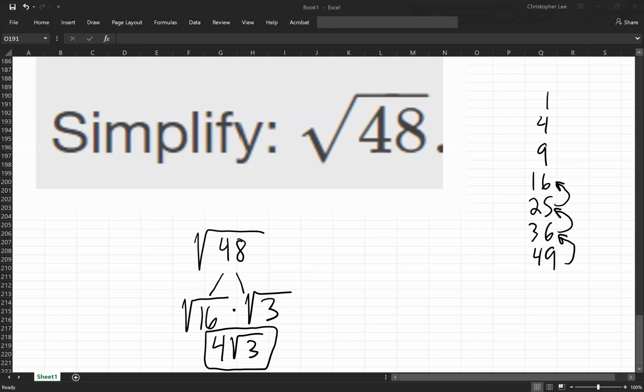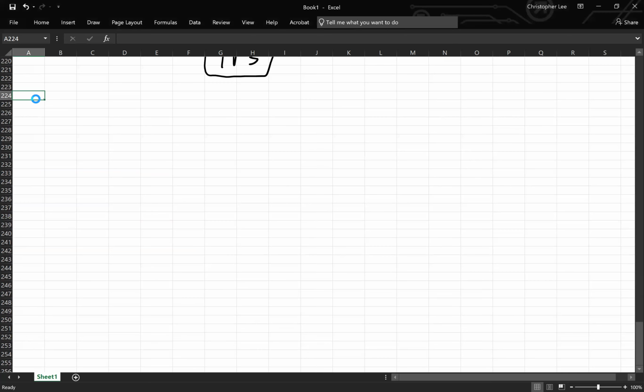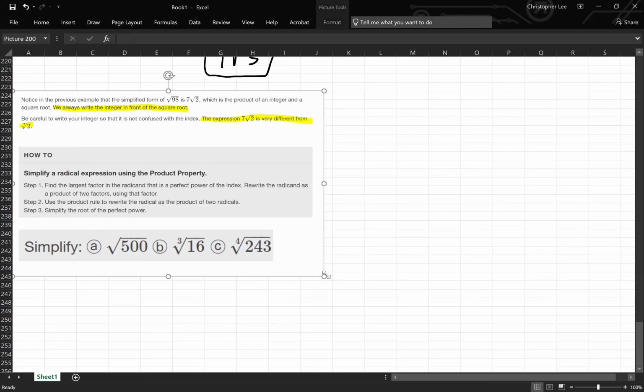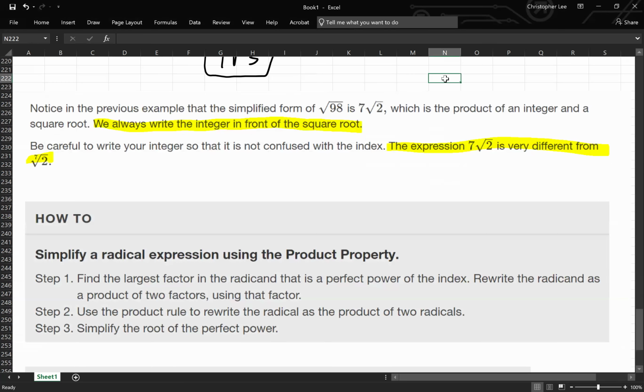So we're gonna do some more, but before we do, I want to give you guys some notes real quick. Notice in the previous example that the simplified form of the square root of 98 is 7 square root 2, which is the product of an integer and a square root.